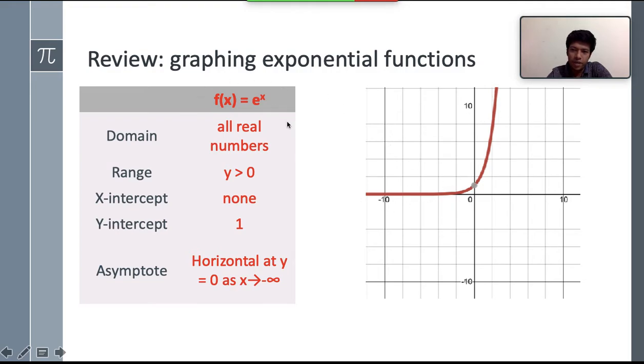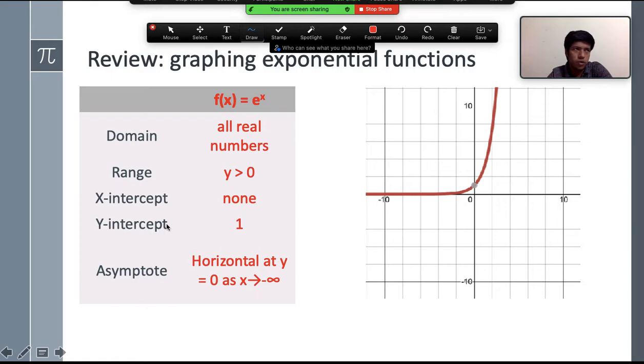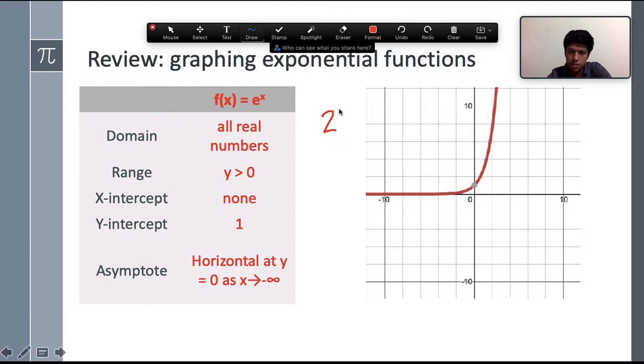This way we can construct other graphs as well. Say, for example, we want to draw the graph of f(x) equals 2 to the power x.